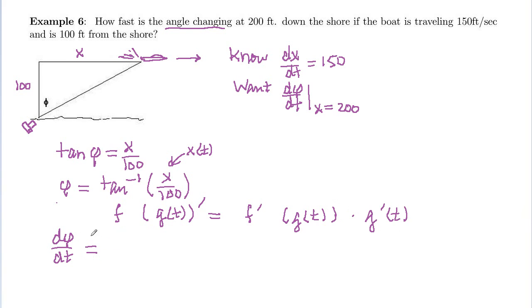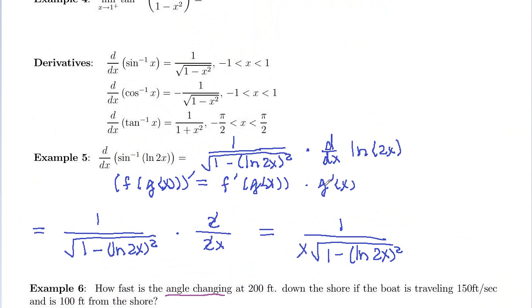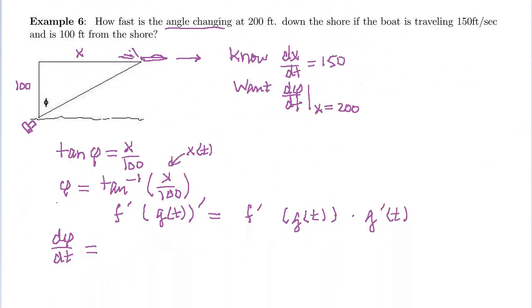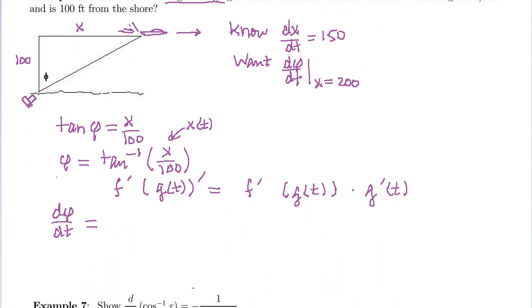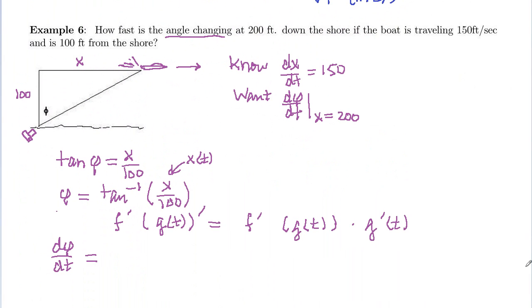So down here, our d phi/dt, whoops, I forgot my prime. We want the derivative of inverse tangent, and remember your inverse tangent derivative here is 1 over 1 plus x squared. So this is going to be 1 over 1 plus, not x squared, but x over 100, and that's going to get squared.